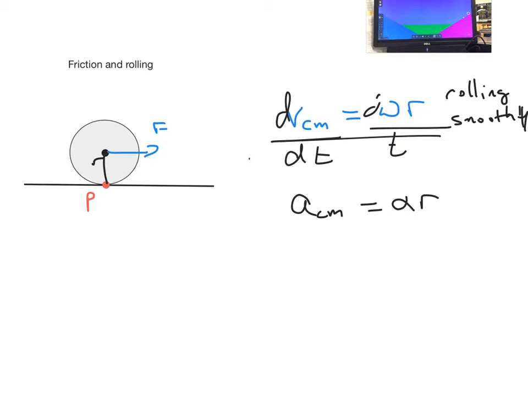So as the center of mass changes position, so does point P. Does that make sense? So if this has a velocity at any point in time, point P is going to have that same velocity because it has to move together.